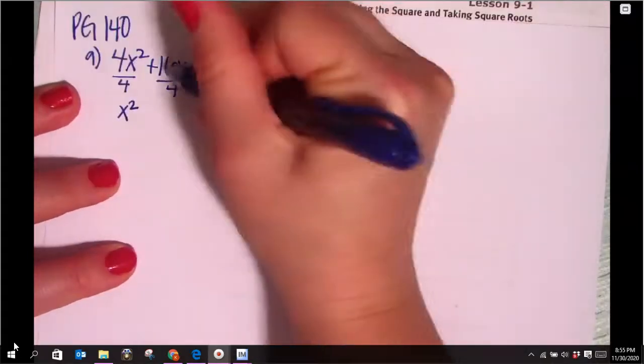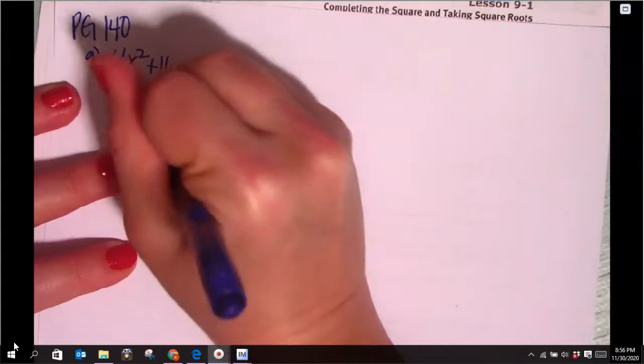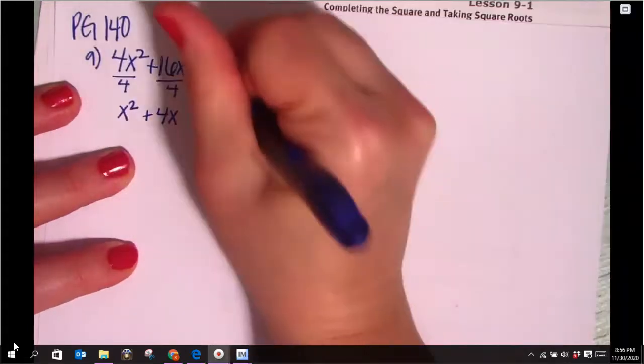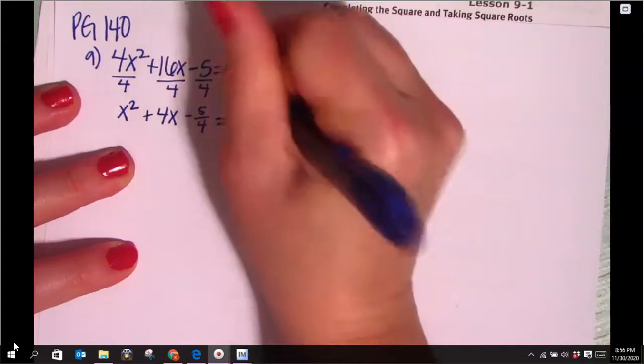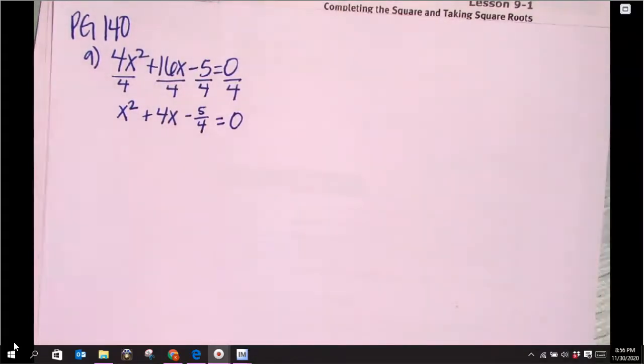That cancels and gives me x squared. 16x divided by 4 is going to be plus 4x. That is negative 5 over 4 equals 0 divided by 4, which is 0. So that's the first step: divide by that coefficient, if there is one. If there's not, you don't have to do that step.